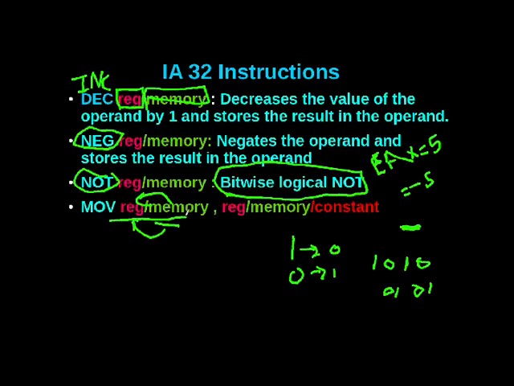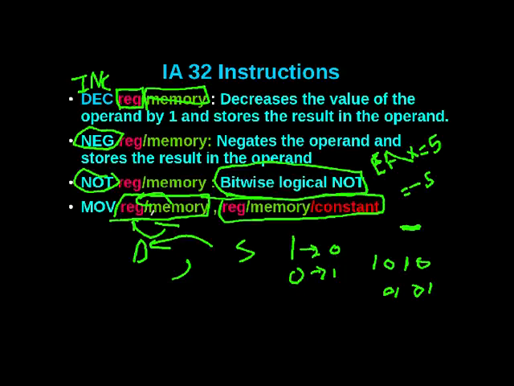We can have this one as well. Here are the two operands. Is this the source or destination? This is the destination, say D, and this is the source. And it goes from this to this.